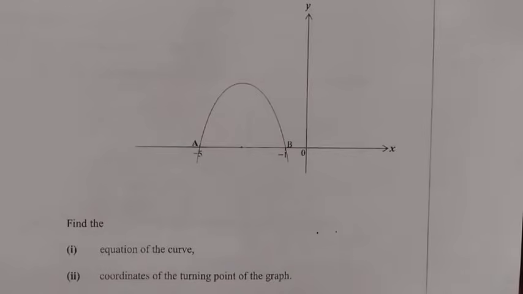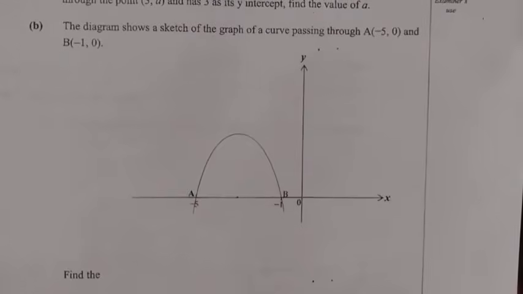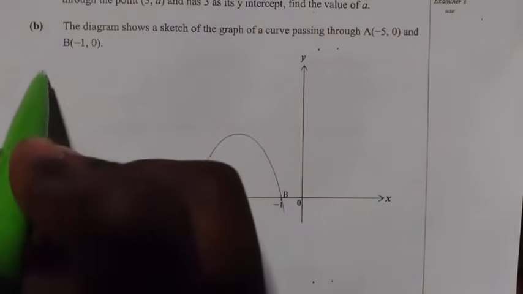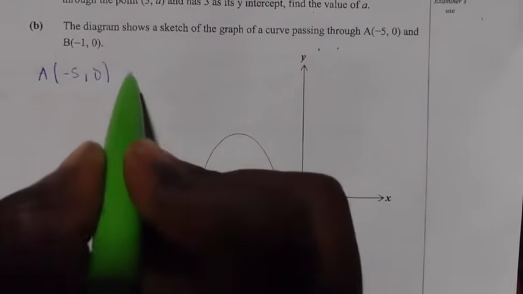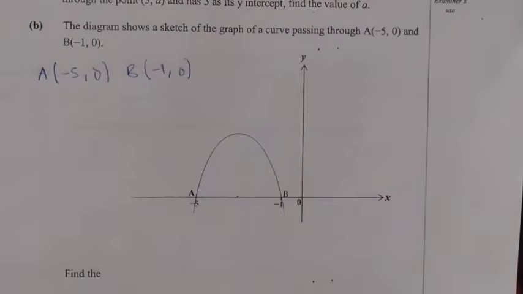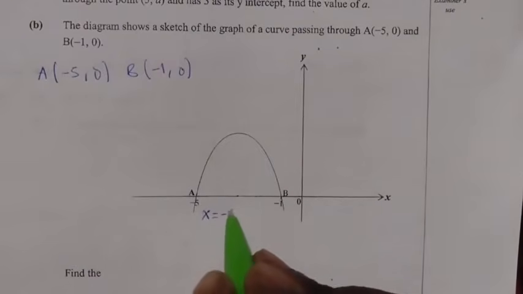In order for us to find the equation of the curve, we are going to look at the question. They have given us the points: for A we have (-5, 0), and for B we have (-1, 0). Where there is A, the x coordinate is x equal to -5.